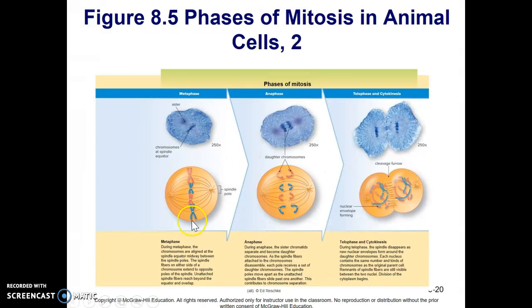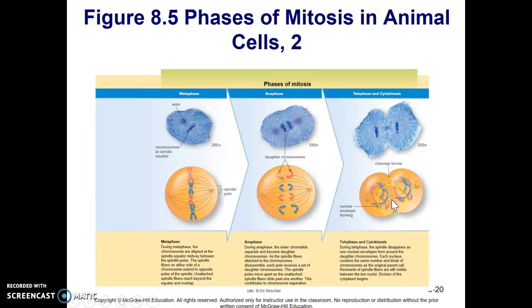In metaphase, the chromosomes are going to line up in the middle, and the reason they're lined up that way is because the spindle fiber is attached to that centromere, that little belt around the 2 copies, and lines them up in the middle. Sometimes we call it the equatorial plate. It's like the equator. Anaphase is when they're pulled apart, noting that the chromosome has been replicated, so each sister chromatid is going towards opposite ends of the cell.